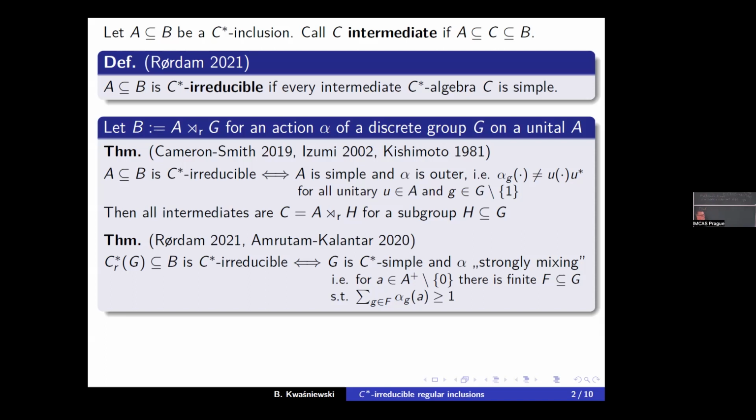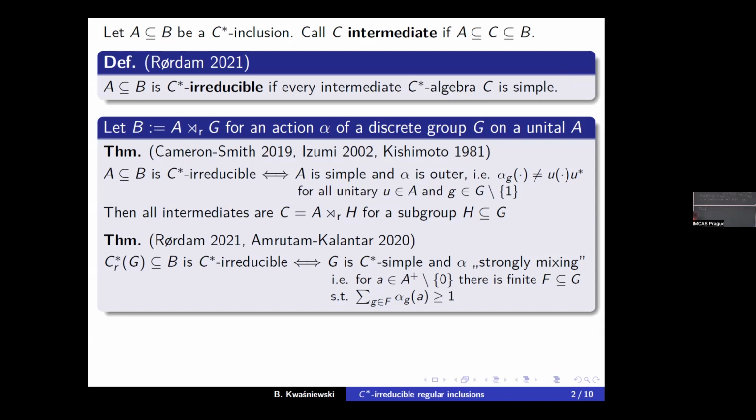Question in the chat. Sorry, can you quickly recall in words what we take as assumptions for being a C*-inclusion? Okay, a good question. So far, I do not assume anything. But here in this example, A is unital and B is unital and the unit is the same unit.